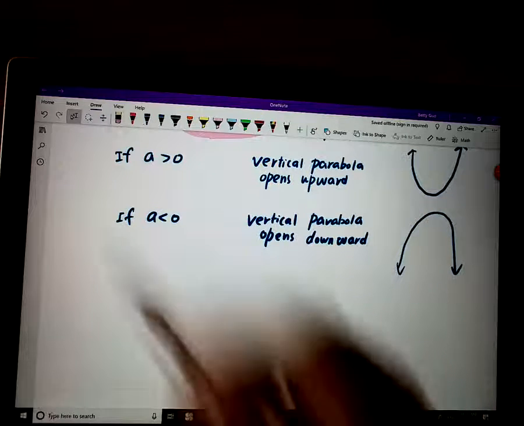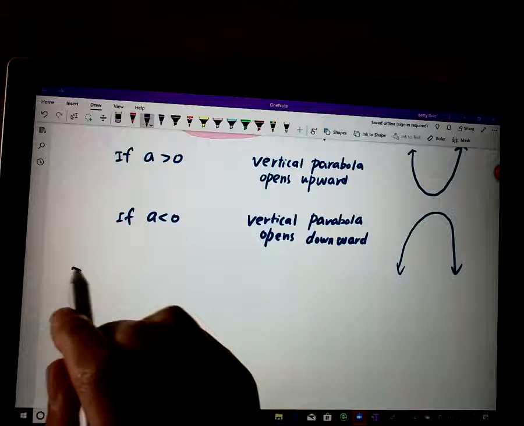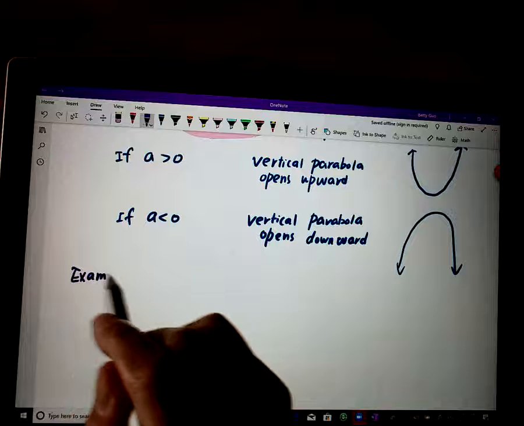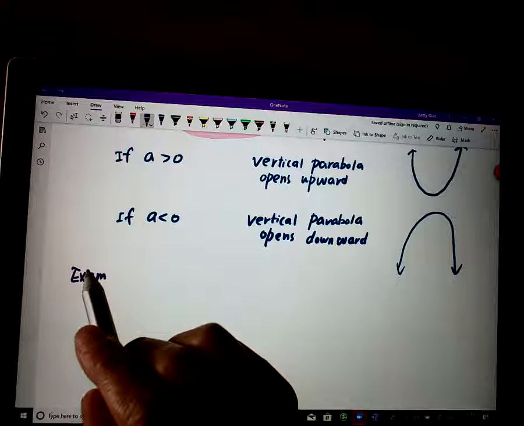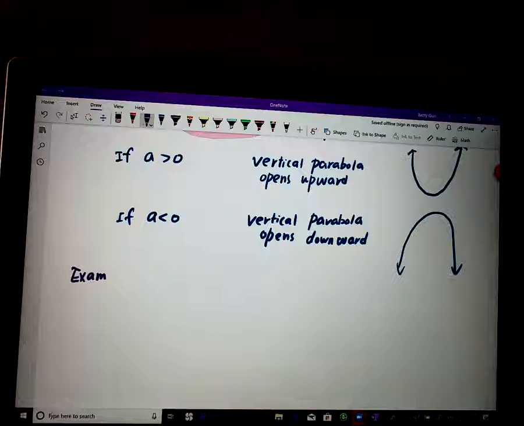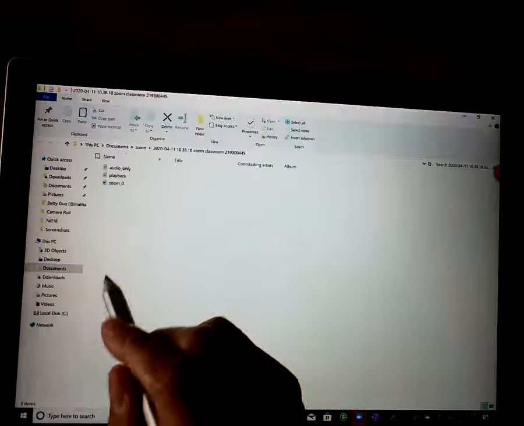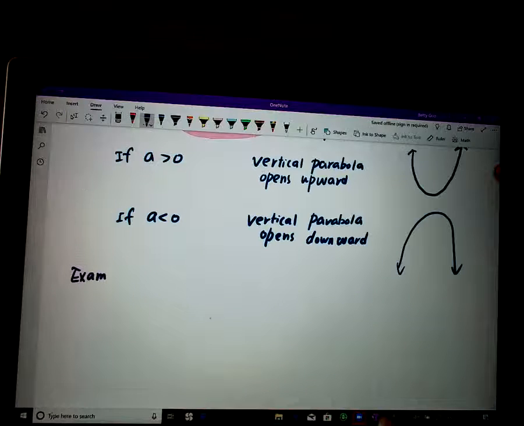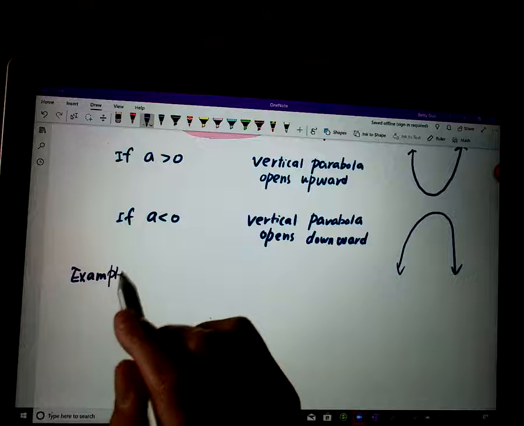So we're going to talk about example 1. From example 1, you're going to see another form for a quadratic function. It's called the vertex form. Example 1.